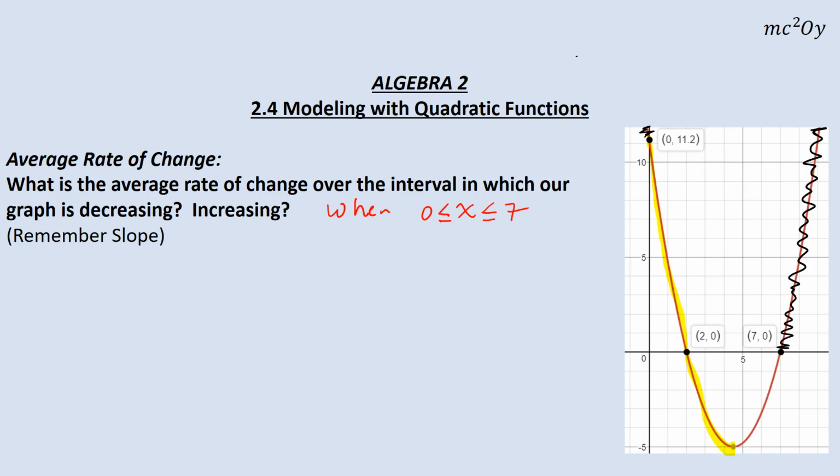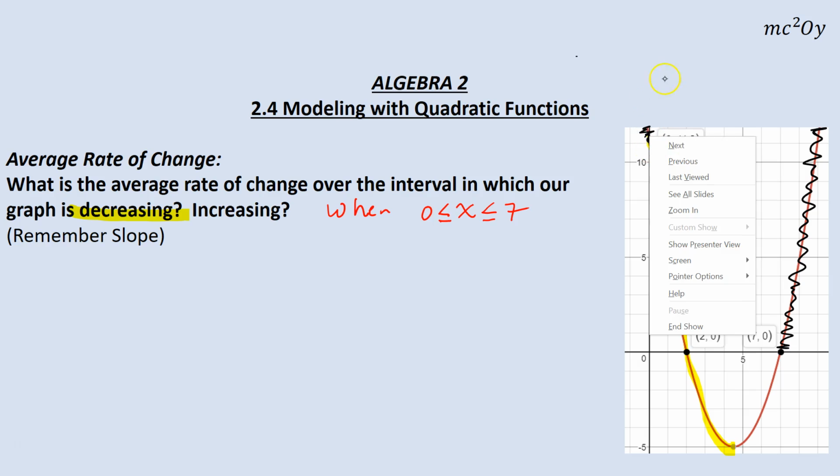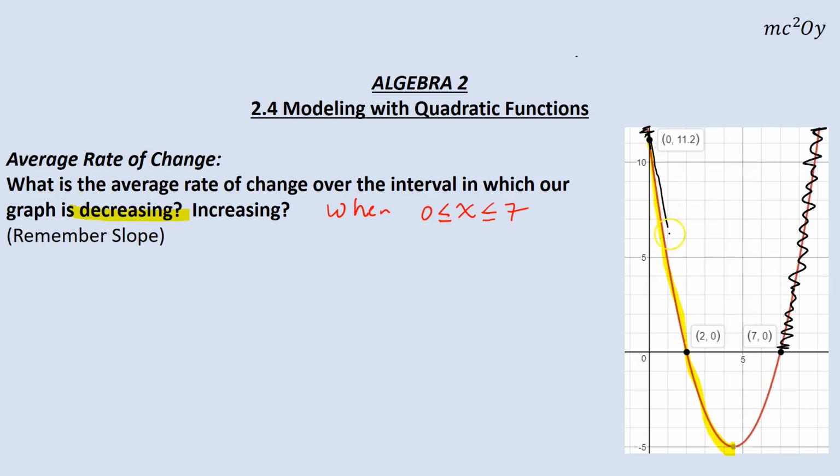That is where it's decreasing. So what I want to do is find the slope of a line that would go from this point up here at 0, 11.2, and would intersect our vertex. So you're finding the slope of that line there.